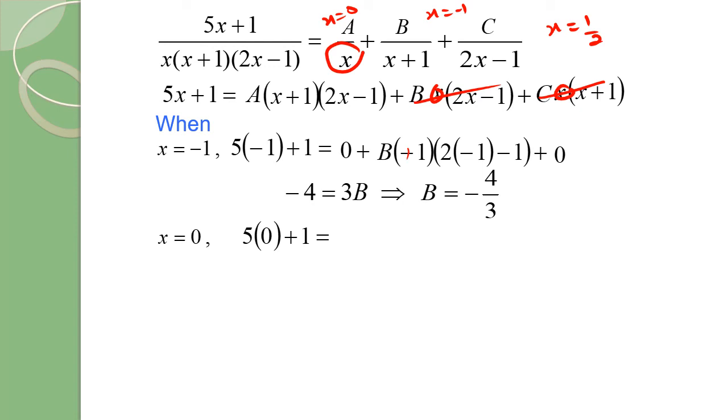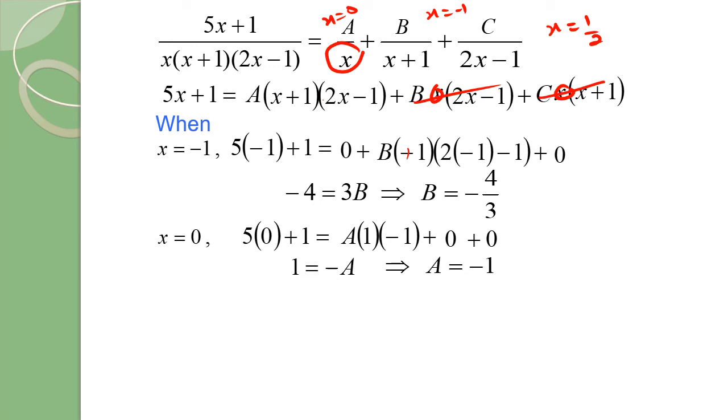And on the right side we have a of 0 plus 1 multiplied by 2 of 0 minus 1. So we get a of 1 multiplied by -1, plus 0 plus 0. So what is a? Negative a is equal to 1, so a equal to -1.